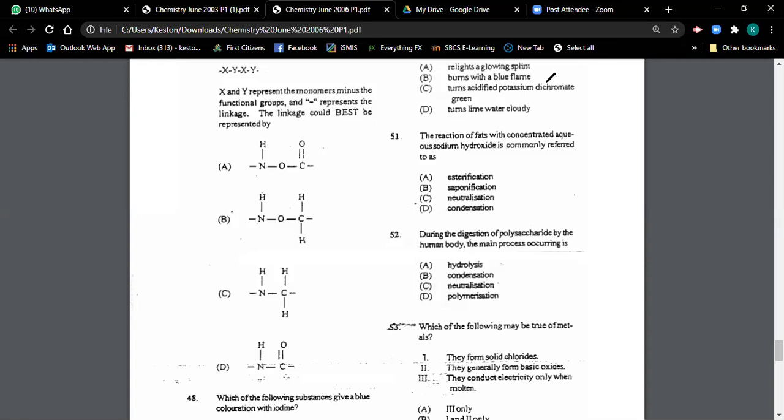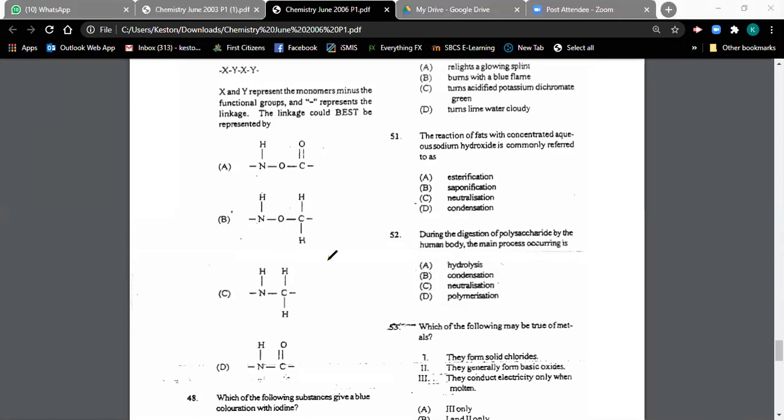Wait, 52. Digestion of polysaccharide by the human body. We're breaking up the polymer. We call it what?